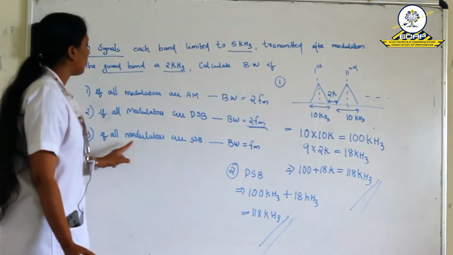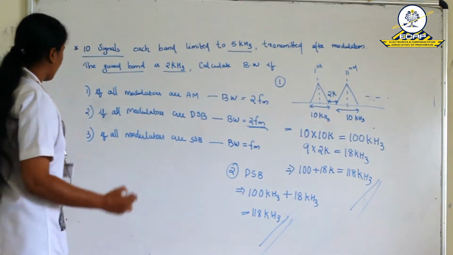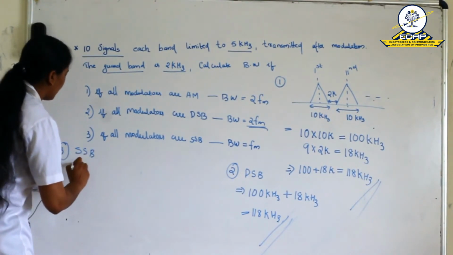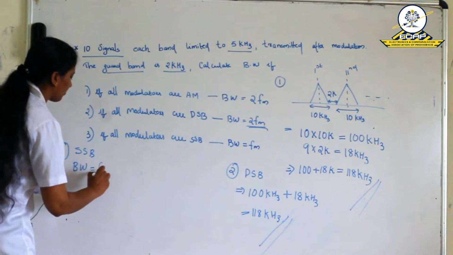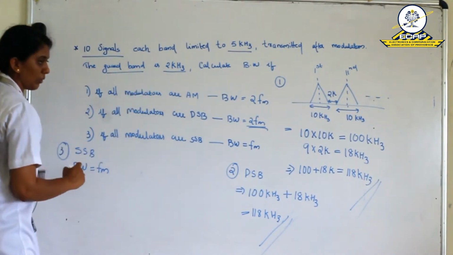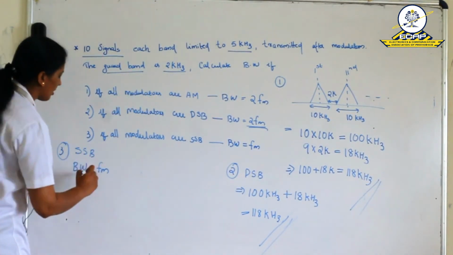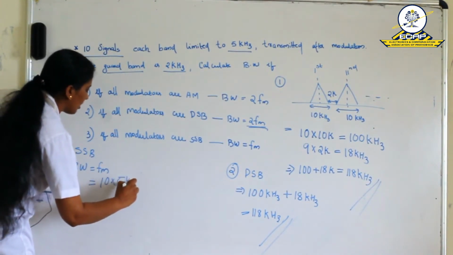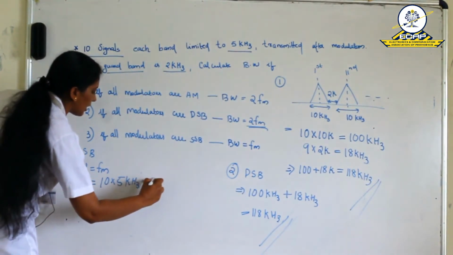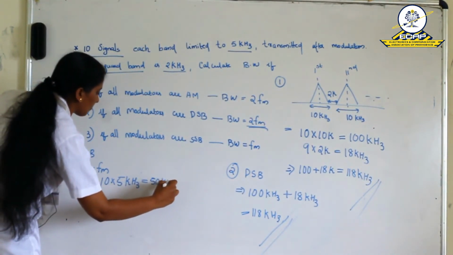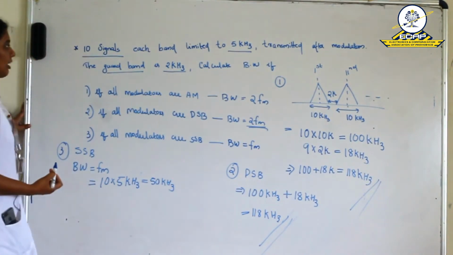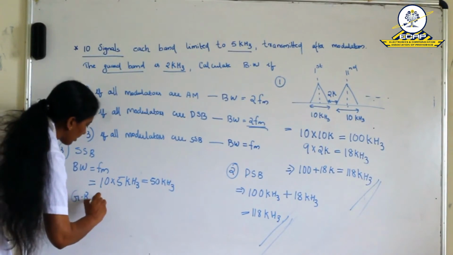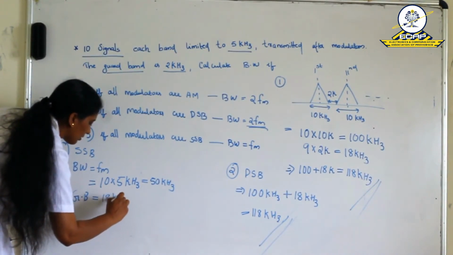Third question: if all modulators are SSB. In SSB, the bandwidth is only fm. The fm is 5 kHz. We have 10 signals, so the total bandwidth is 10 into 5 kHz, that is 50 kHz. Here also we are providing a guard band. The total guard band is 18 kHz.